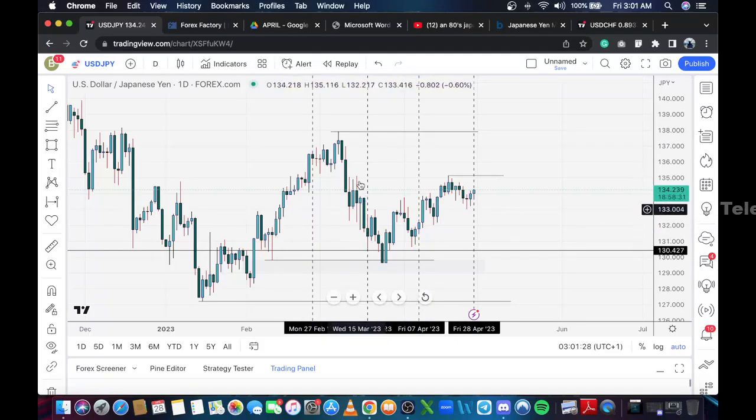Once I've identified quarterly shifts and where draws on liquidity are, I start my cast back from current market price action, working my way back, looking back 20 days, 40 days, 60 days, and I look for salient PDA arrays that should be draws on liquidity, and that becomes my bias. Also, I'm looking for a quarterly shift within that time period, because this is a range of 60 days.